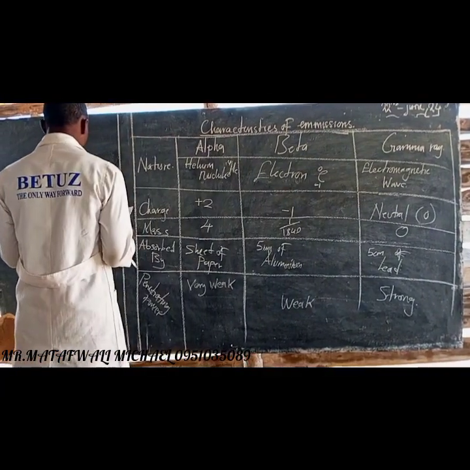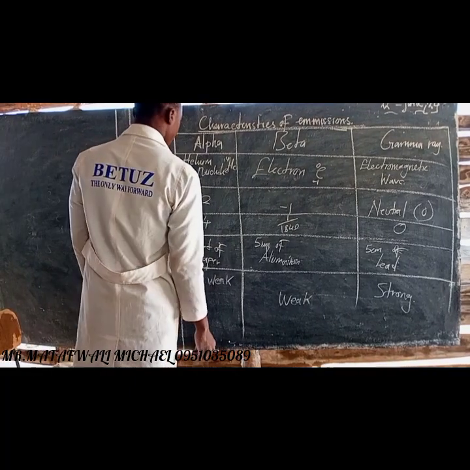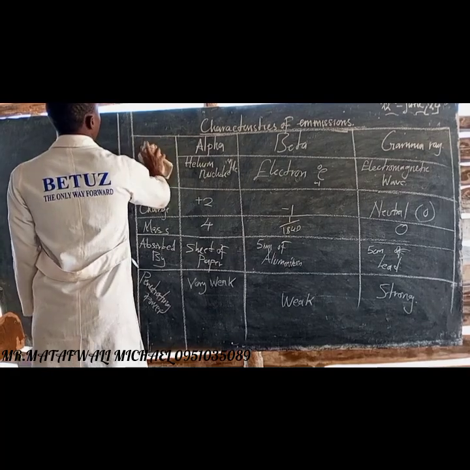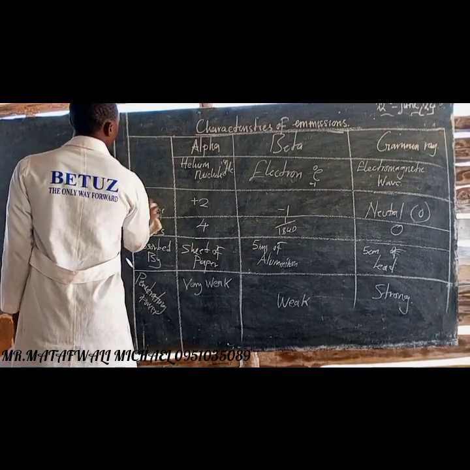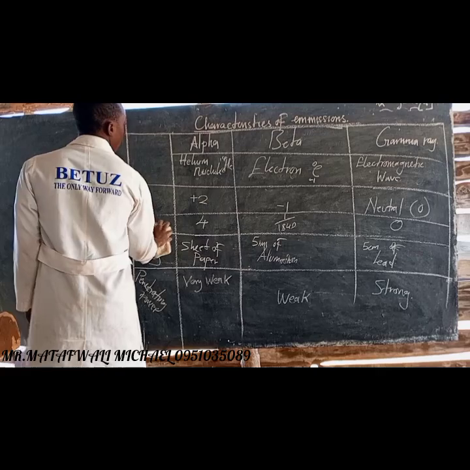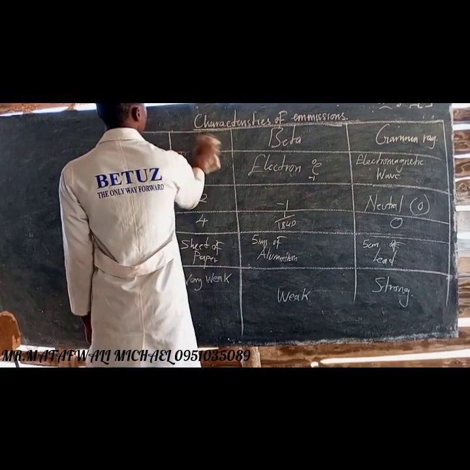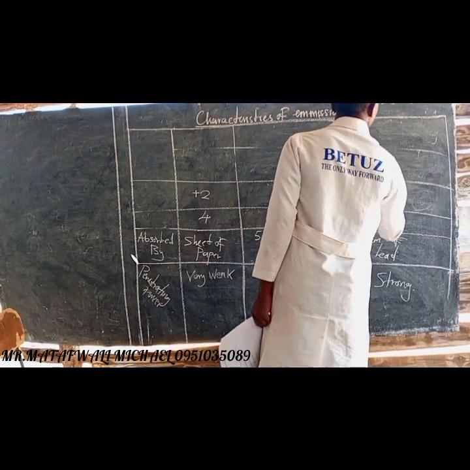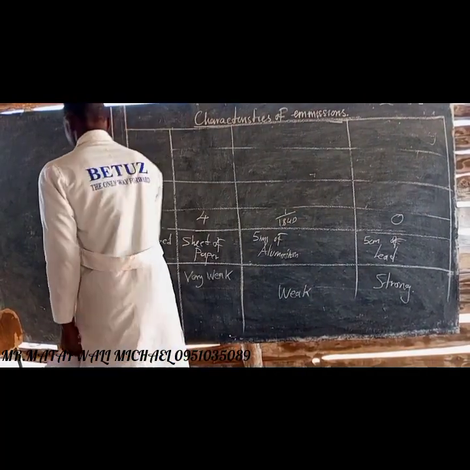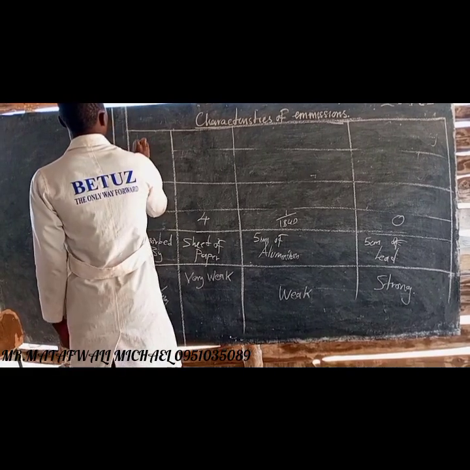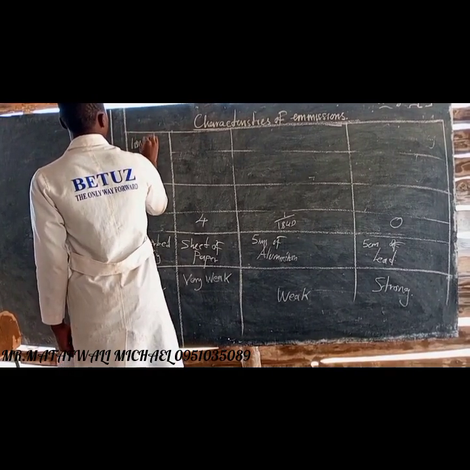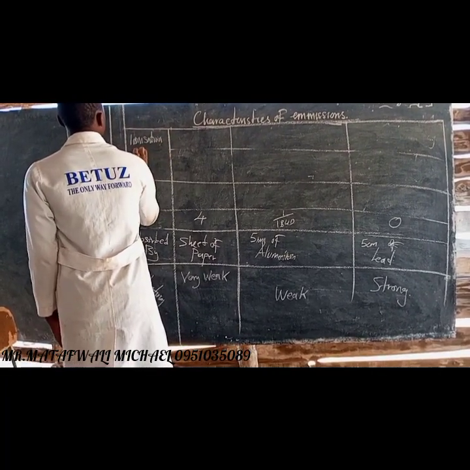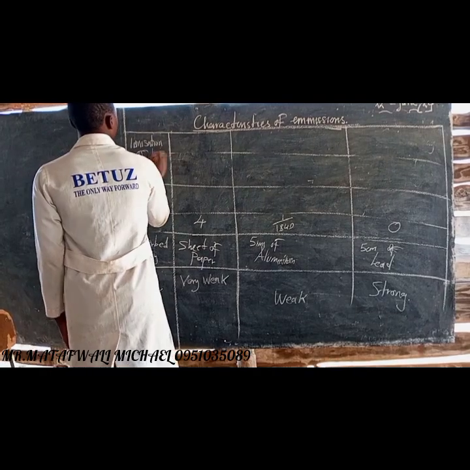So we are going to move on to ionization effect. How is the ionization effect of an alpha particle, a beta particle, and the gamma ray? So we are going to write ionization effect.